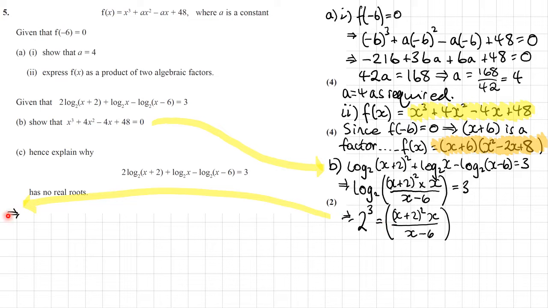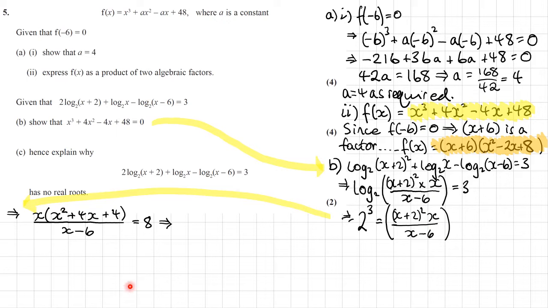I'll do it over here on the left, and I'll start by expanding the brackets that I have up here. So that's going to be x times by x plus 2 all squared, so that's going to be x squared plus 4x plus 4, all divided by x minus 6 is equal to 8.